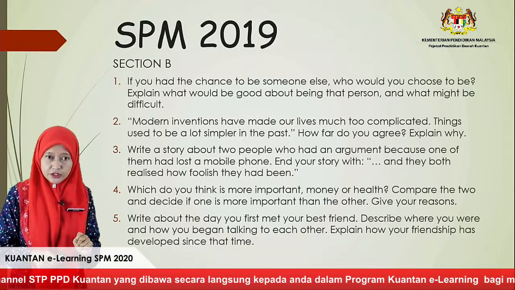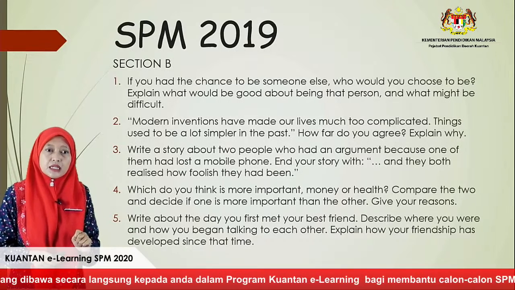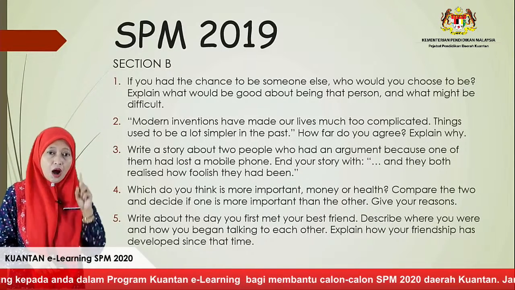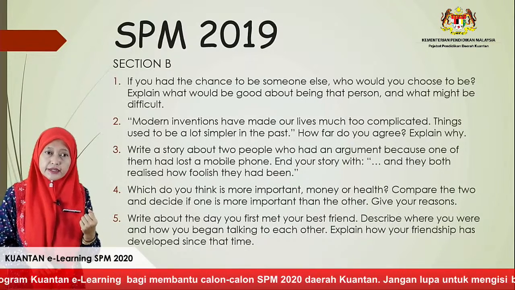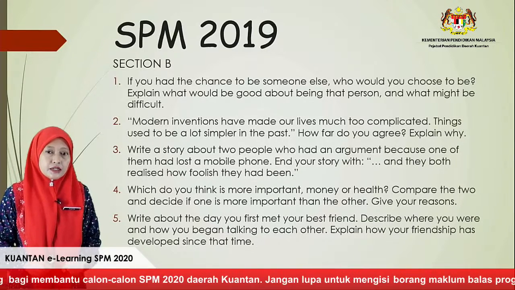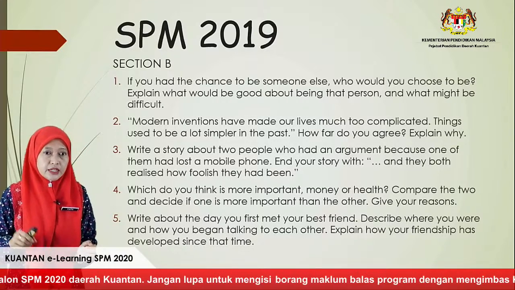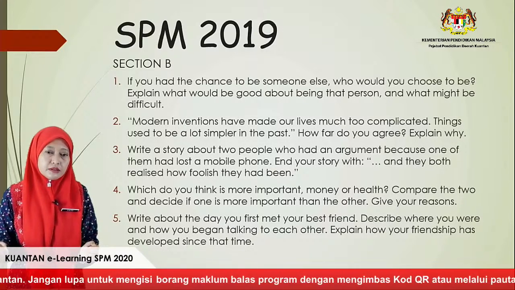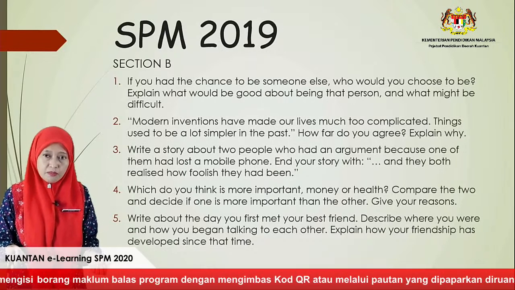Number 2, modern inventions have made our life much too complicated. Things used to be a lot simpler in the past. How far do you agree? Explain why. So this one, you have the setting, which is you need to talk about modern invention and how all those inventions are making our life much too complicated.